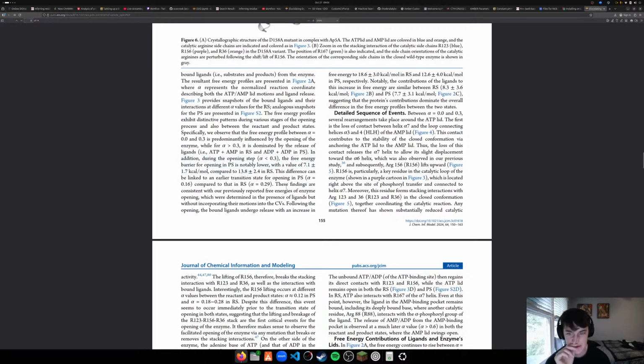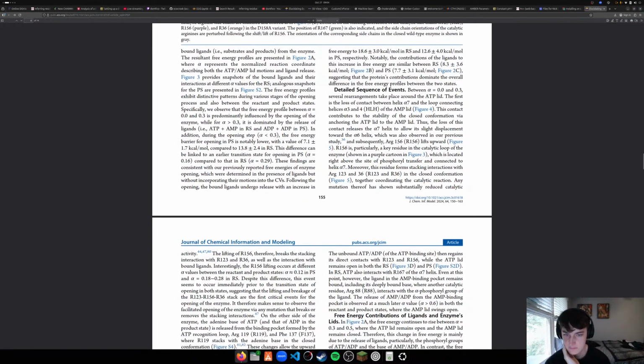Cool. In addition, during the opening step, the free energy barrier for opening in PS is notably lower. These findings are consistent, which will determine the presence of ligands, but without incorporating their motions into CVs. That's kind of what we're doing right now.